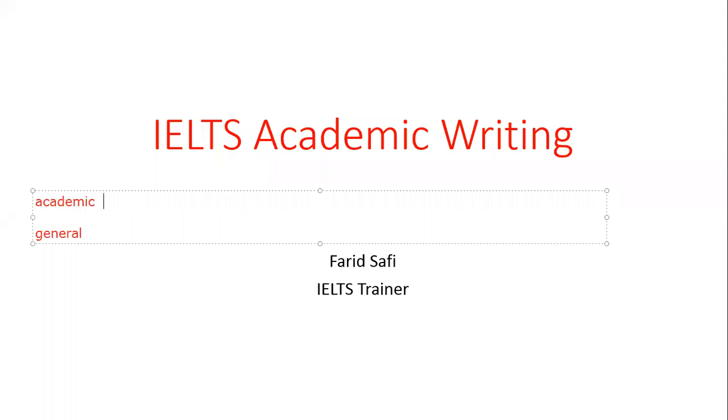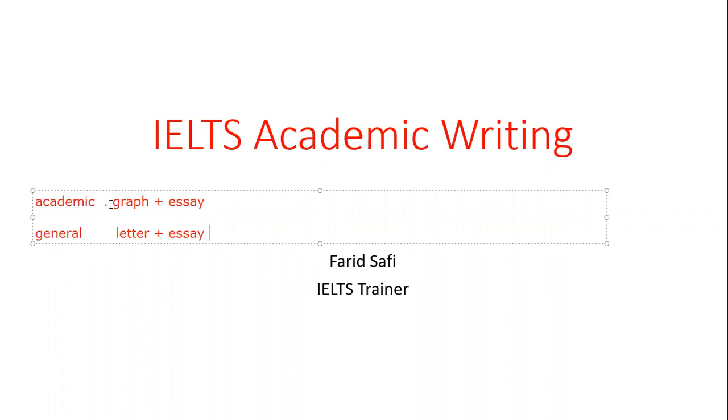Number one, for academic, you will be given a graph and you will write about that graph, plus an essay. In general, there is no graph, but you will be given a letter in place of the graph, plus an essay.